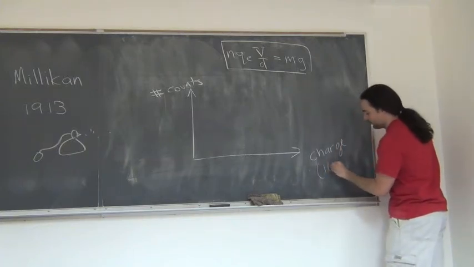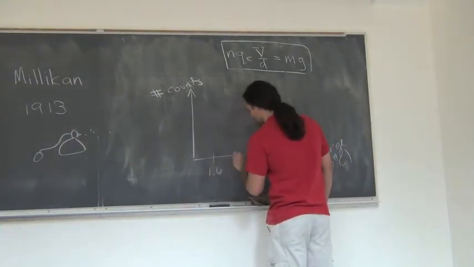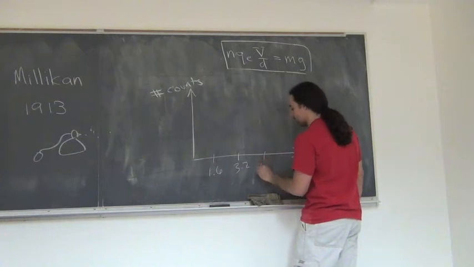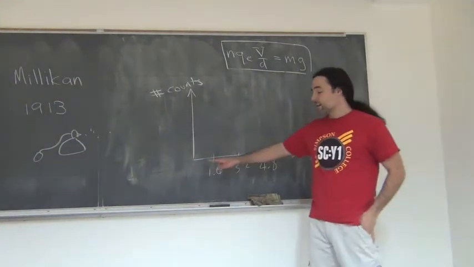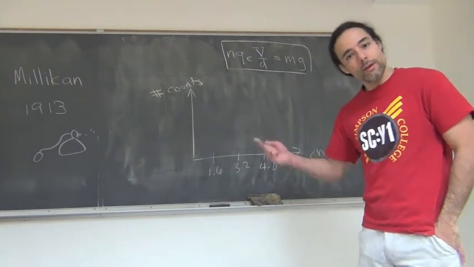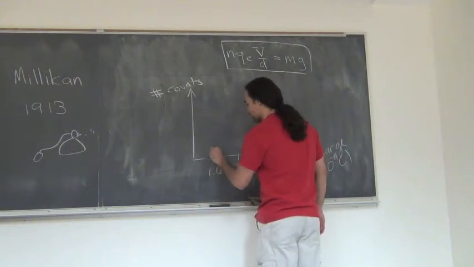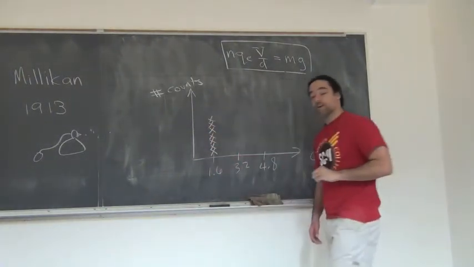These are going to be in units of 10 to the minus 19 coulombs. And what Millikan found was that he never got anything that was 1 times 10 to the minus 19 coulombs. He only got things that were 1.6 times 10 to the minus 19 coulombs.